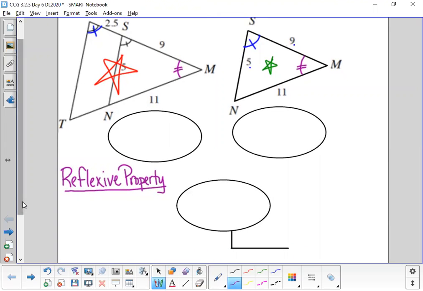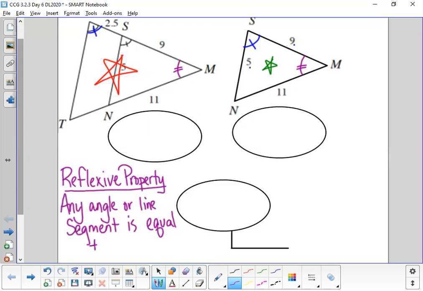The reflexive property basically tells us that any angle, or it also works with line segments, any line segment, is always going to be equal or congruent to itself. So any angle or any line segment will equal itself. Write that down in your right side notes.